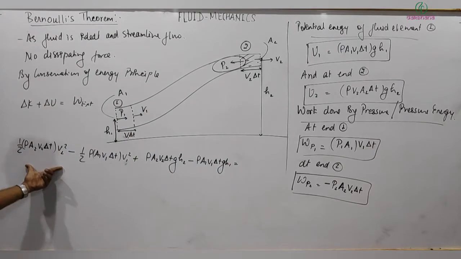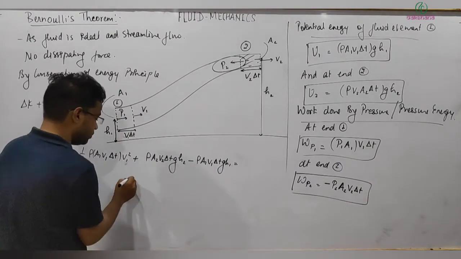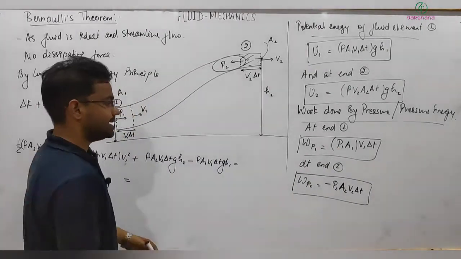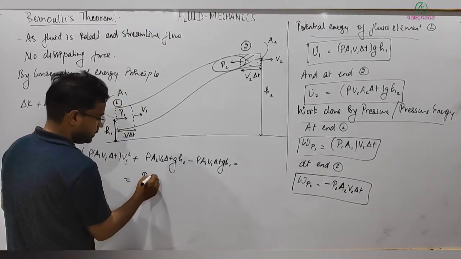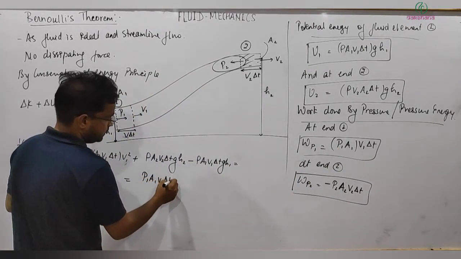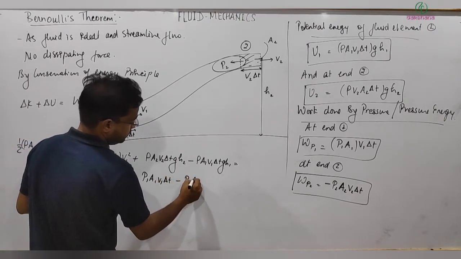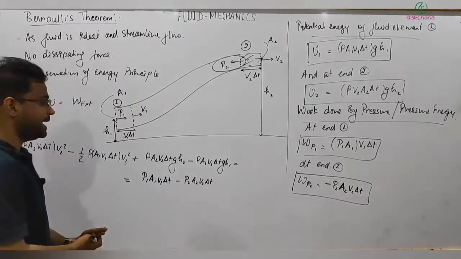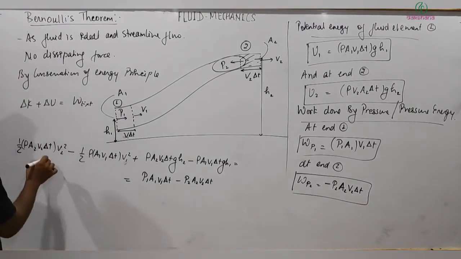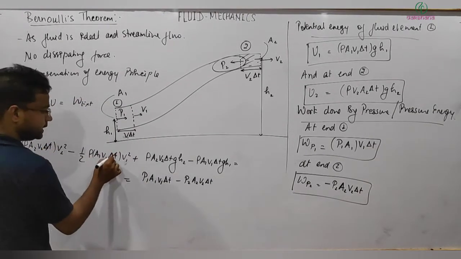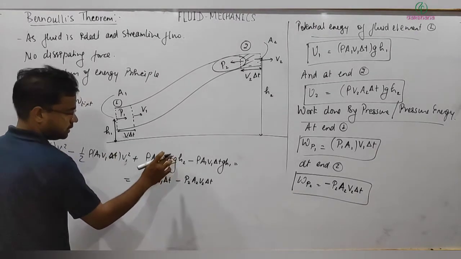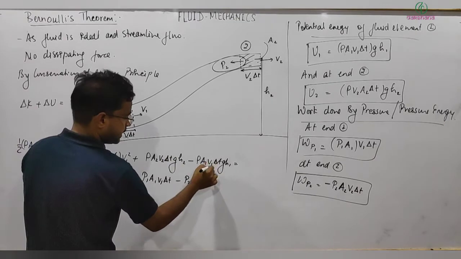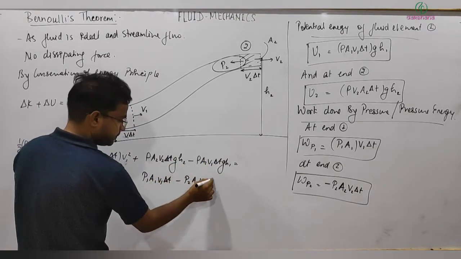This is delta K plus delta U, equal to the net work done, which is P1 A1 V1 delta T minus P2 A2 V2 delta T. Let me rearrange it now. Delta T can be cancelled from everywhere.